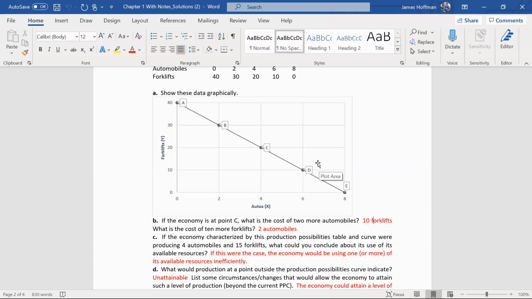It looks like they have to give up 10 forklifts. So going from point C to point D, you gain 2 autos, but you lose 10 forklifts. So the opportunity cost of 2 more autos is giving up 10 forklifts.